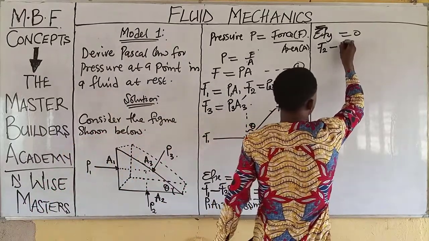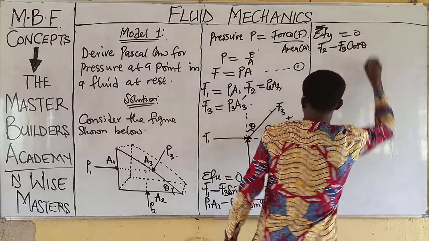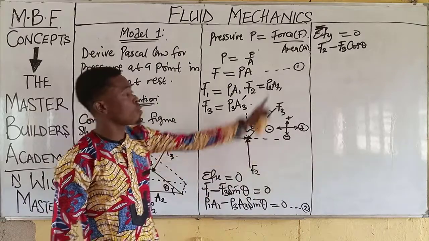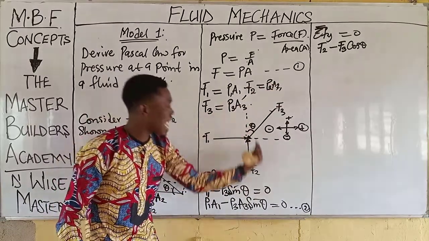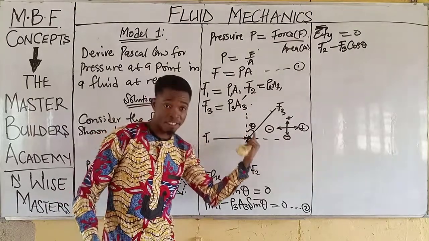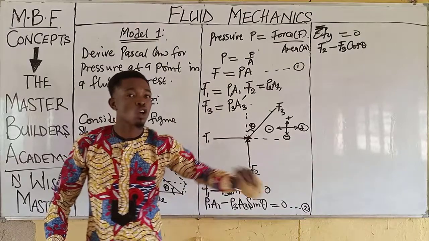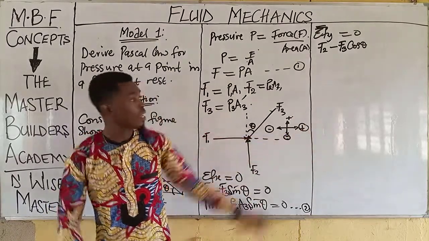This gives us F3 cos theta. Why are we using cos theta for the sum of Fy? Because the angle lies with the y-axis. So anytime the angle lies with the y-axis, you resolve x using sine and resolve y using cos theta. I think this is clear.